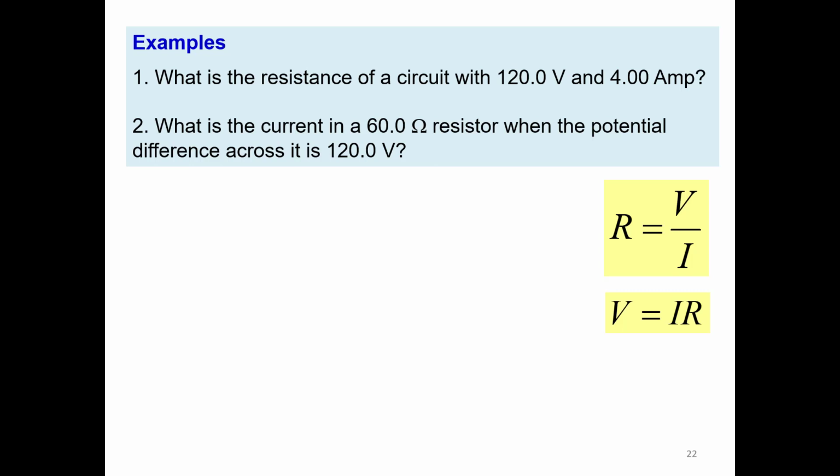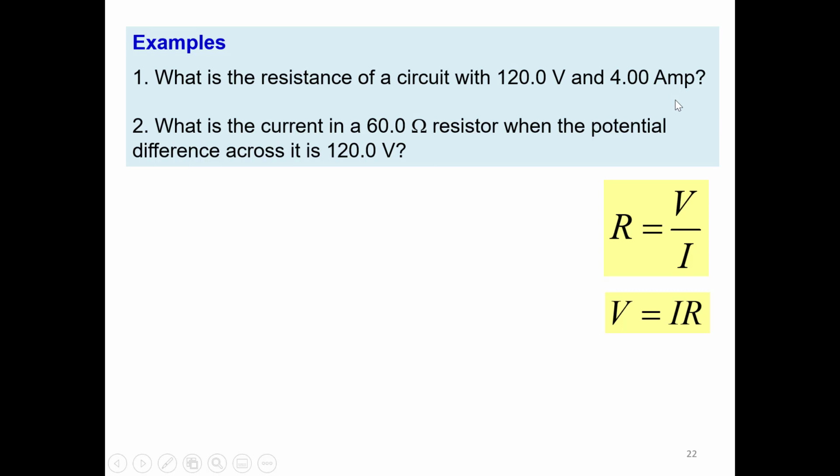In these problems, we want to apply the equation that correlates resistance, voltage, and current to solve these two problems. Let's read the first problem and try to solve it. In the first problem, we need to calculate the resistance of a circuit with 120 volts and 4 ampere.